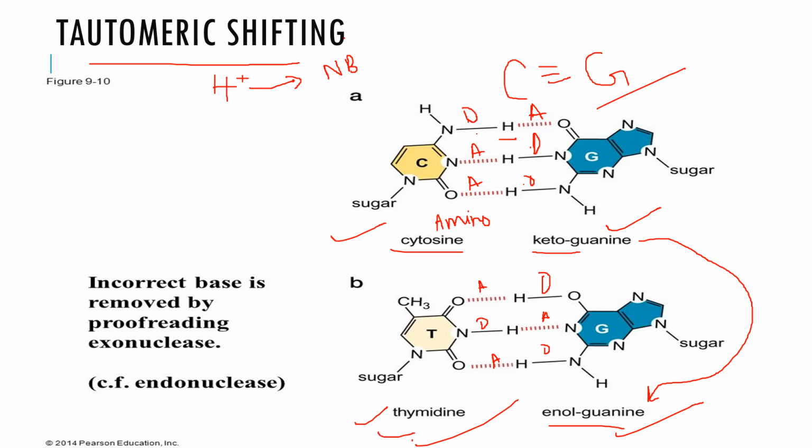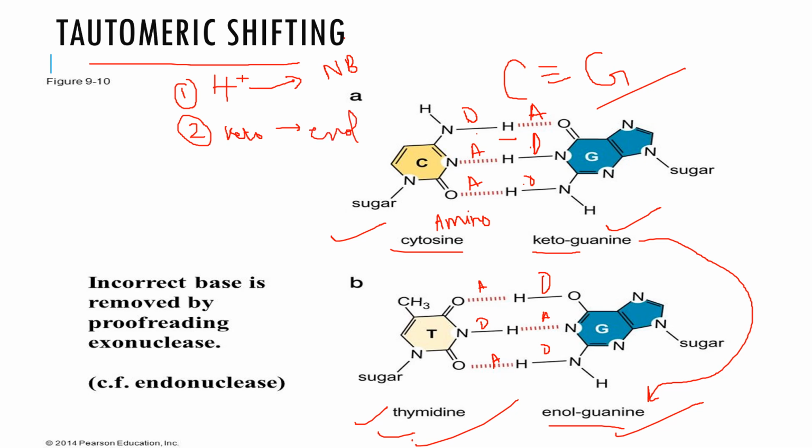So in tautomeric shift, the first thing is the shifting of hydrogen ions in the nitrogenous base, and the second important thing is that the keto form is converted into the enol form. This is very important.